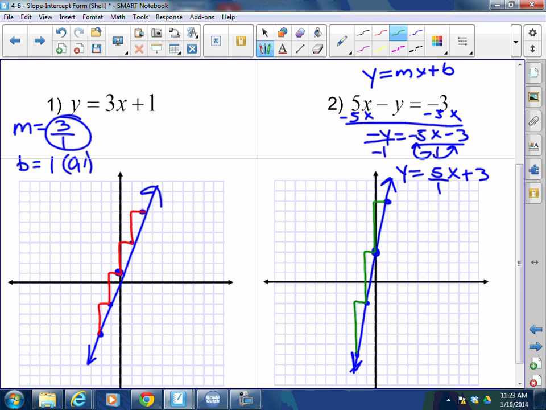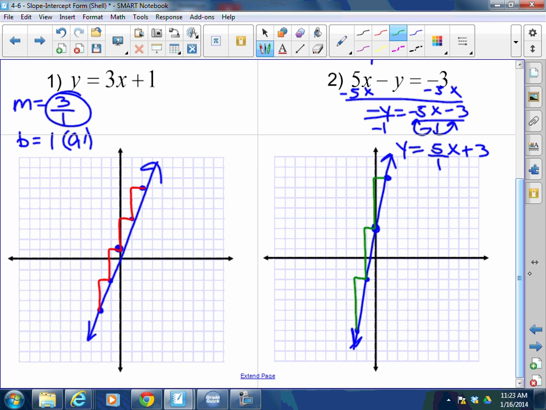Does that make sense, gentlemen, what I just did? I didn't go up 3. No. I started at the y-intercept of 3. That's where I started. Then I followed my slope, up 1, 2, 3, 4, 5 over 1.